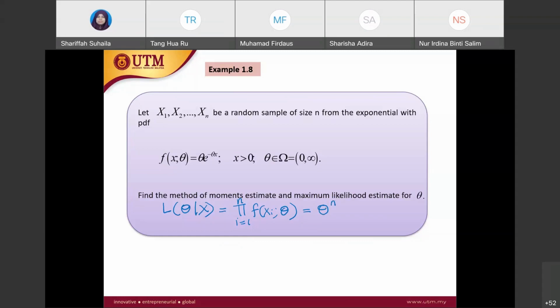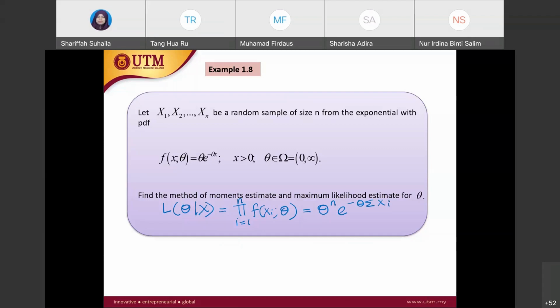Bukannya n theta ya, theta to the power n. You have exponential negative theta x1, exponential negative theta x2, so altogether you will have exponential negative theta summation xi. Likelihood function, make sure you get the correct way to write your likelihood function lah. Kalau salah kat sini dah salah semua.